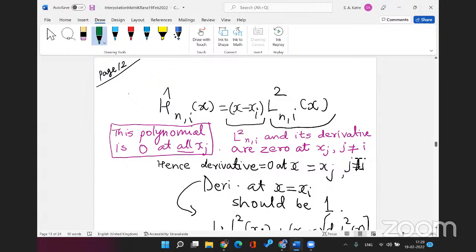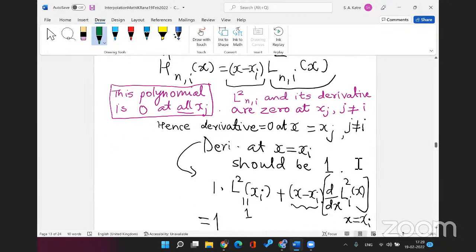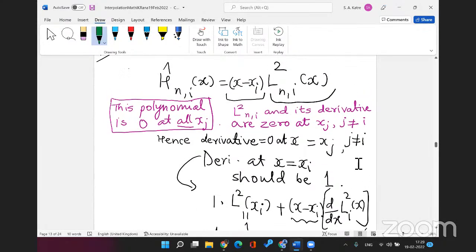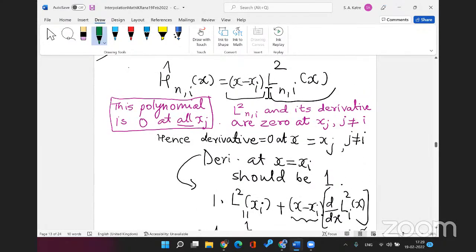And you can actually calculate the derivatives. For example, at x equal to xi, what is the derivative? You know the derivative of a product of two functions. The derivative of x minus xi is 1, times the polynomial at x equal to xi, and L square at xi is equal to 1.